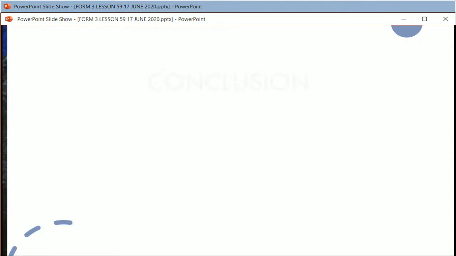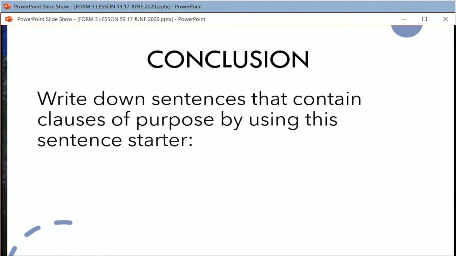No. All right, good. So the conclusion is, I want you to write down sentences that contain clauses of purpose by using this sentence starter. Remember the earlier example I showed on clauses of purpose? She went running to get fit. That one sentence could be written in 6 different ways.